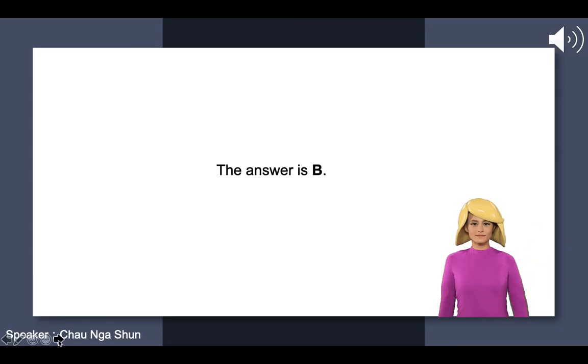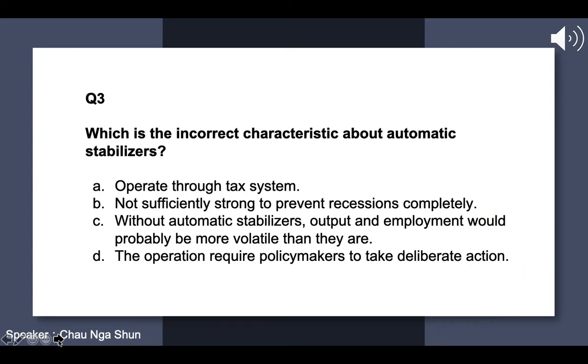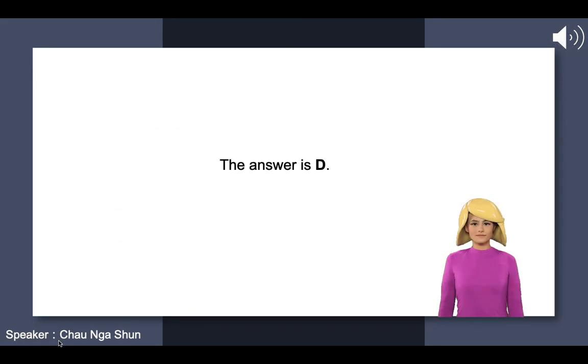The answer is B. Question 3. Which is the incorrect characteristic about automatic stabilizers? The answer is D.